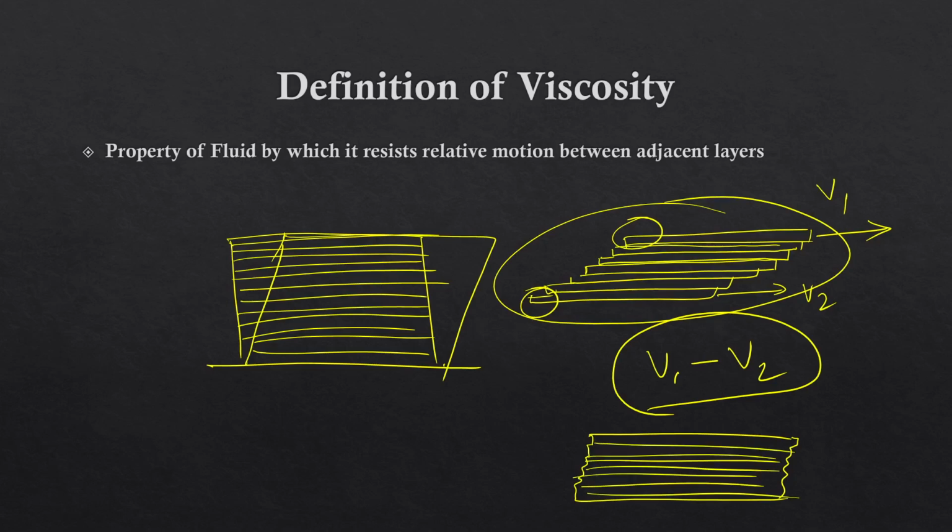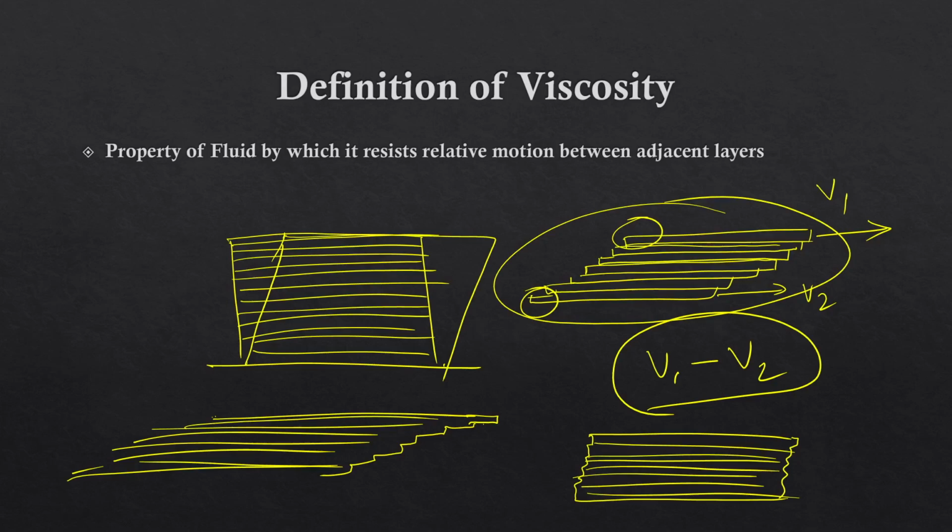And a very low viscosity fluid will move at a very high rate like this. That means the relative velocity is very high here.